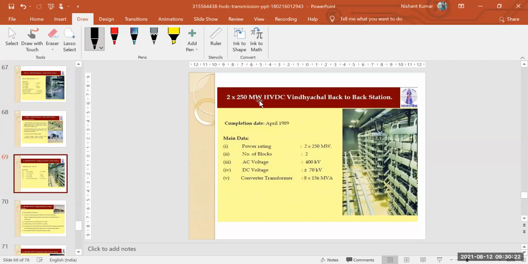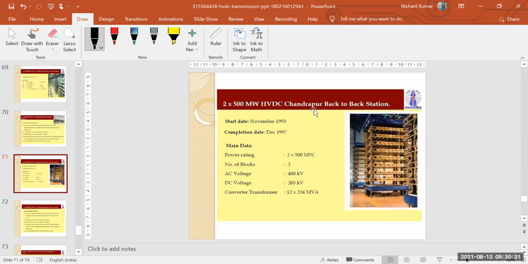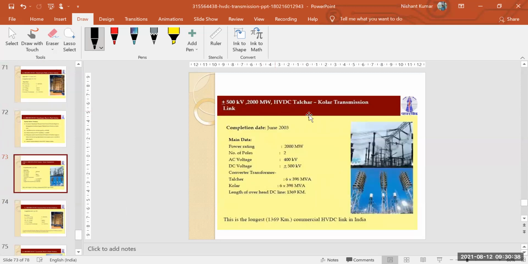2 into 250 megawatt HVDC with Vindhyachal back-to-back stations is there. This is all our Indian material. Chandrapura back-to-back station. Now this is the Talcher and Kolar transmission line.